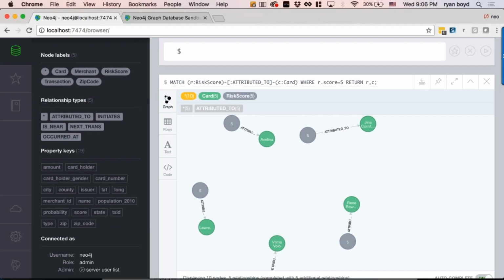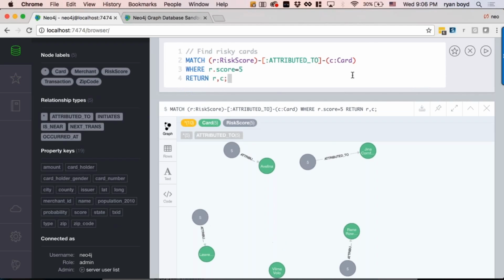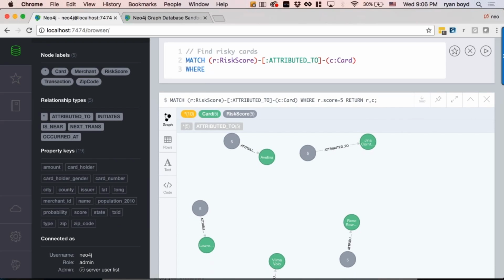I have a risk score from 1 to 5, and these are all the scores that are attributed to cards where the score is 5, right? The score is the highest score that you can have in terms of risk. So we'll show you a little bit of the distribution here of our risk scores.